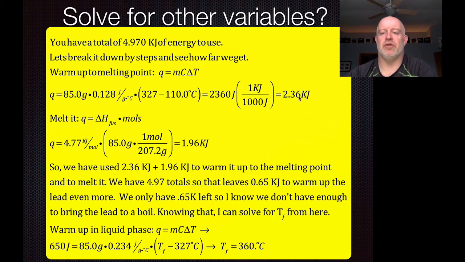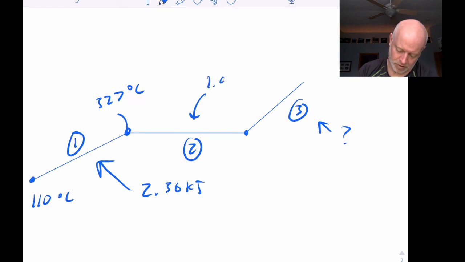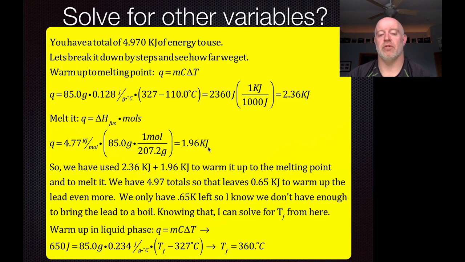Now, we've used 2.36 kilojoules. So we had 4.97. So 4.97 minus 2.36. We've used another 1.96 kilojoules on part 2 here, and that was able to melt the whole thing.